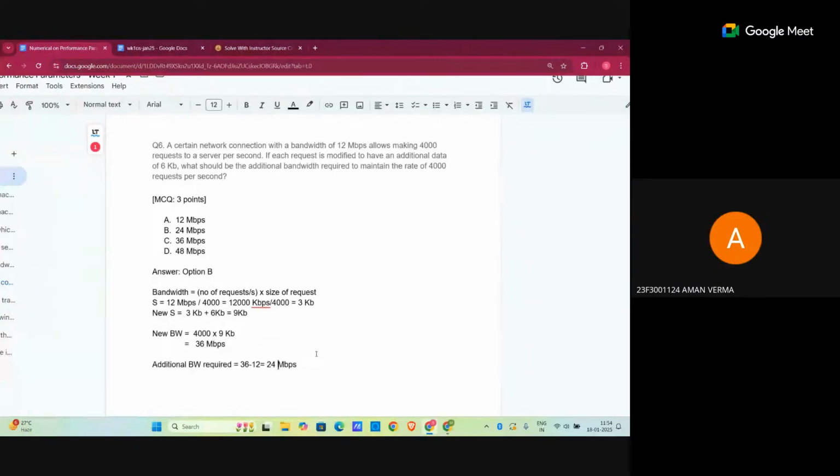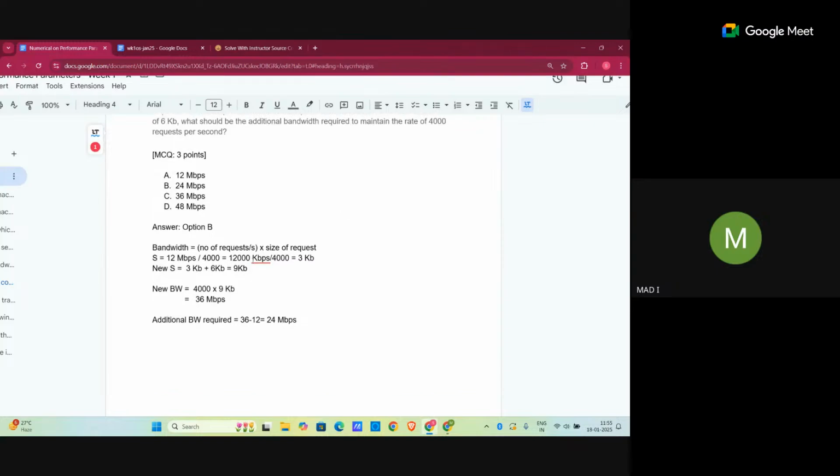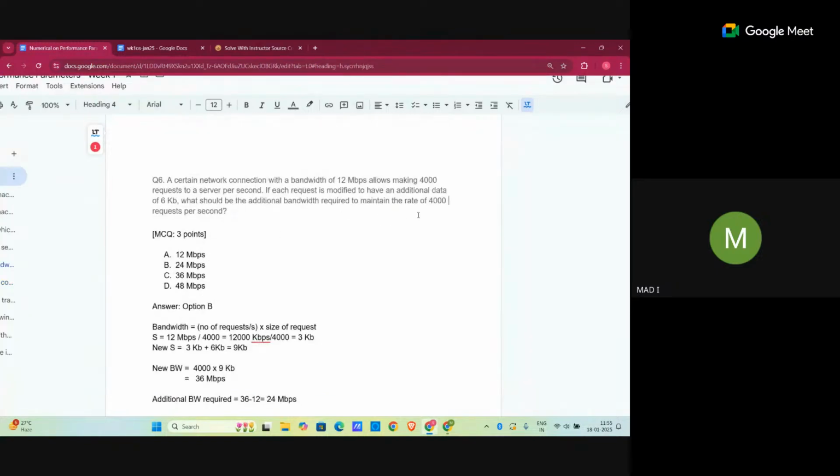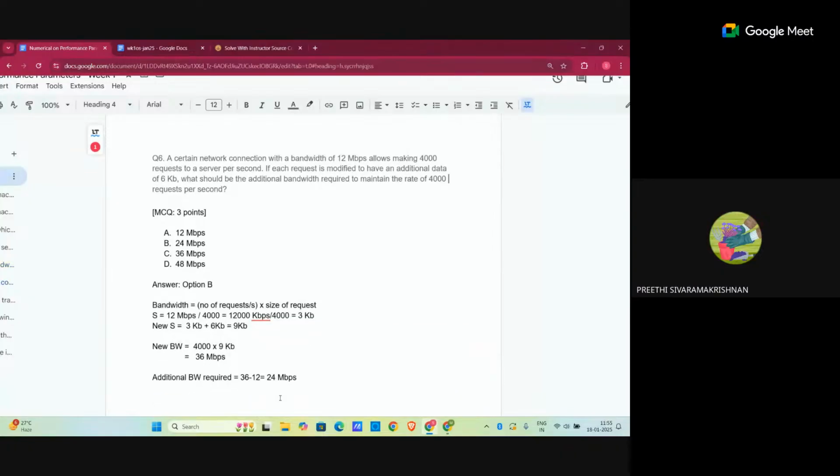Ma'am, why can't we calculate directly? 6 KB is the additional data, so the size of the additional request into the number of requests per second, even that way we can calculate the additional bandwidth, right? Yes, in this case, as the number of requests is the same, you can directly calculate 6 multiplied by 4,000 and get the additional bandwidth required. If the requests also change, then we have to go by this method.